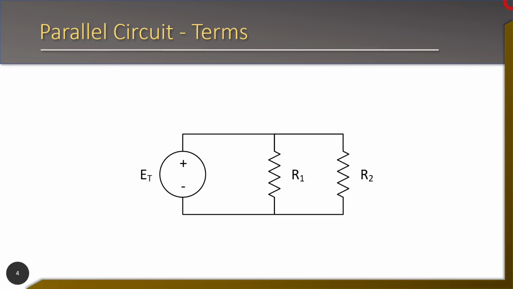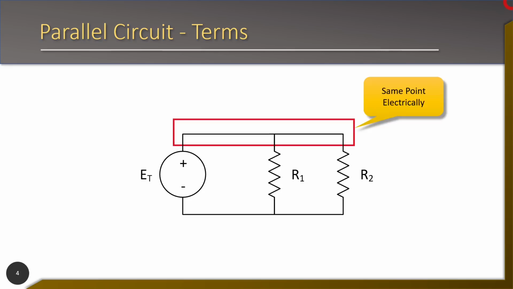So let's talk about some terms here. The parallel circuit is comprised of, in this case, two components, where the beginning of each component is connected to the same point electrically, meaning that the beginning of this resistor and the beginning of this resistor are all the same point electrically.